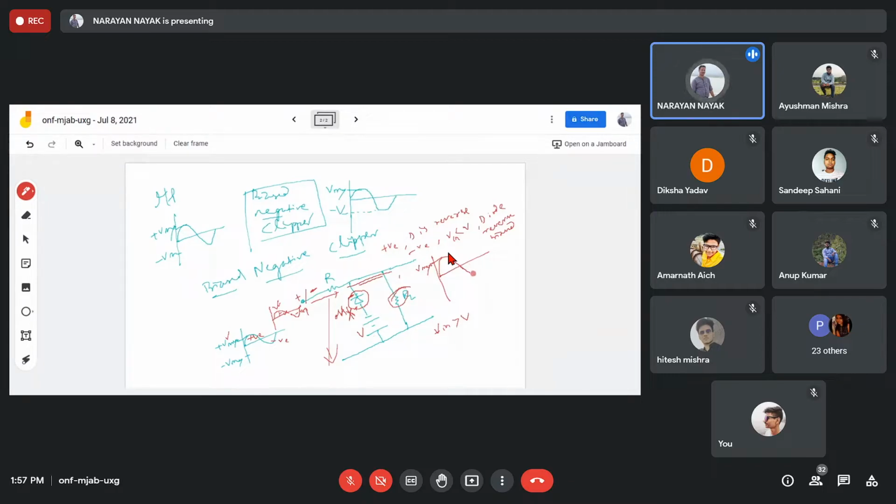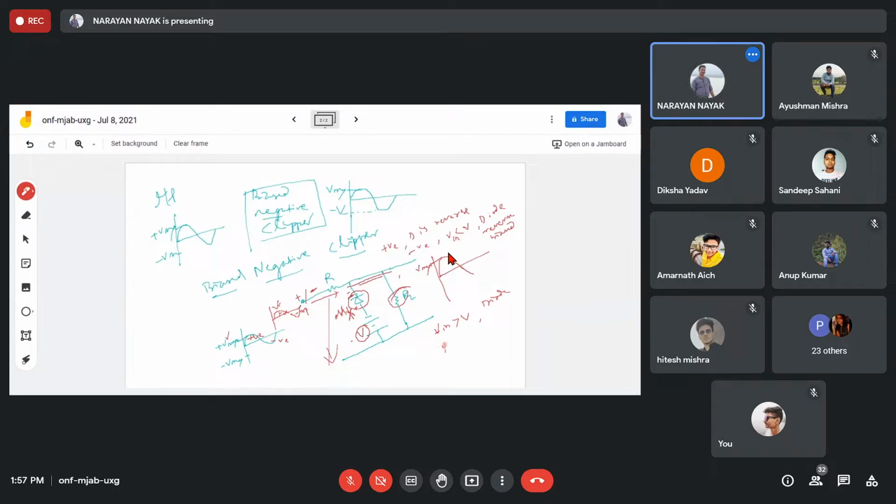This is your negative and this is your negative. So at that time, the diode is forward biased.